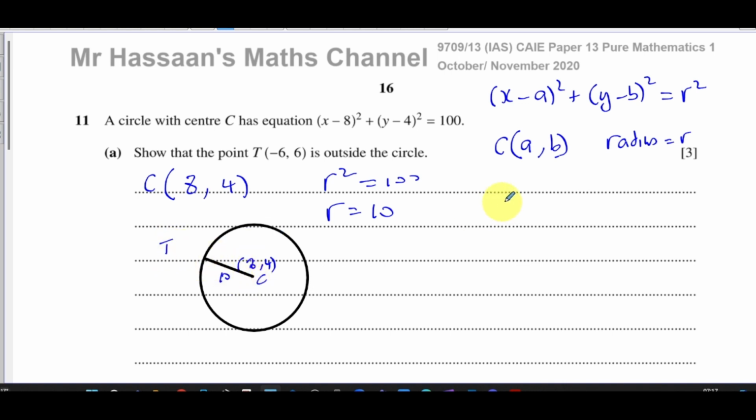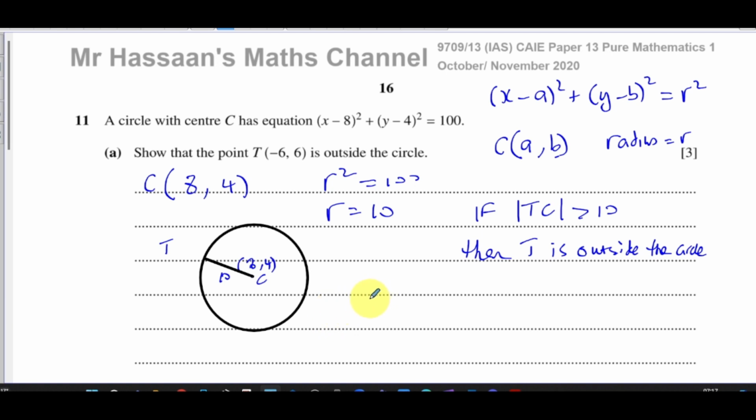So if the length of TC, the magnitude of the line between T and C, is greater than 10, then T is outside the circle. If it's less than 10, then it will be inside the circle. If it's equal to 10, it will be on the circle, right? So that's what we can understand from this.